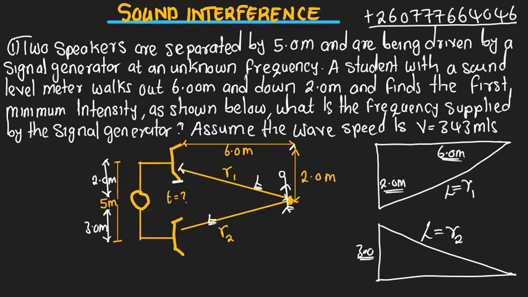Now, remember what this question is saying. Very interesting. It's saying, after this guy walked down the 2 meters, he finds his first minimum intensity.